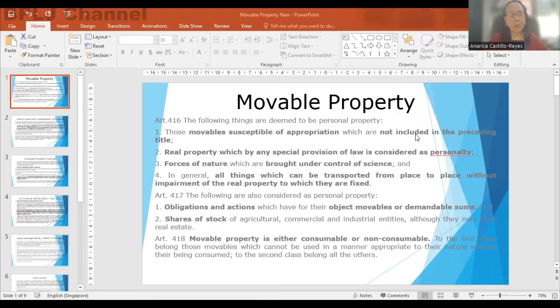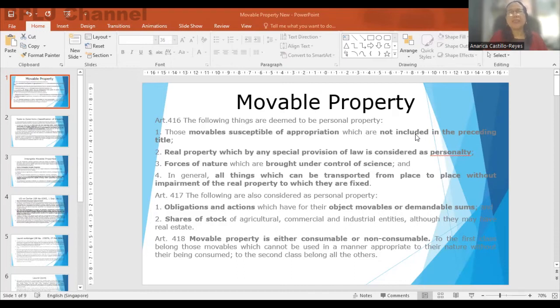The number 4 in the enumeration is what is traditionally considered as movable property. All things which can be transported from place to place without impairment of the real property to which they are fixed. So in general, if you can transport or move the property from one place to another, that is a movable property.